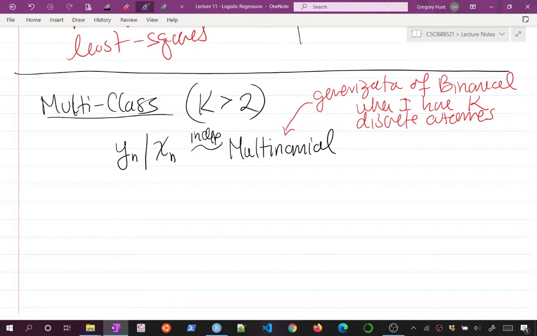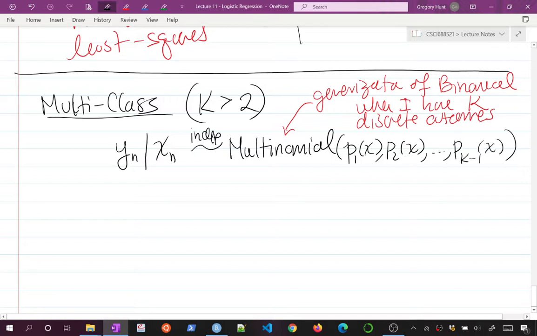The multinomial distribution is parameterized by, let's say, k minus 1 probabilities. So instead of having just p of x, we'll have p1 of x, p2 of x, all the way up to p_{k-1} of x. Why don't we need all k? They sum to 1.